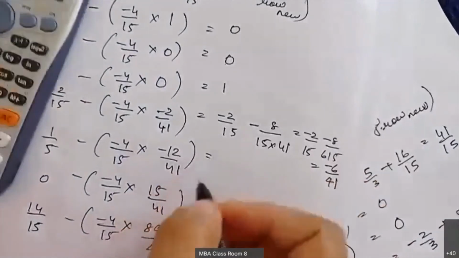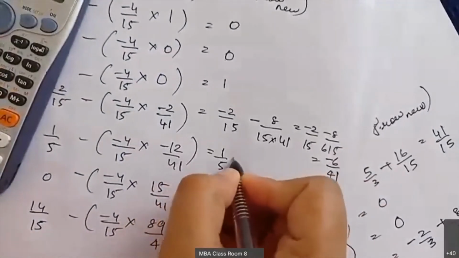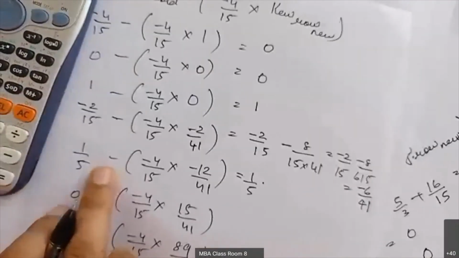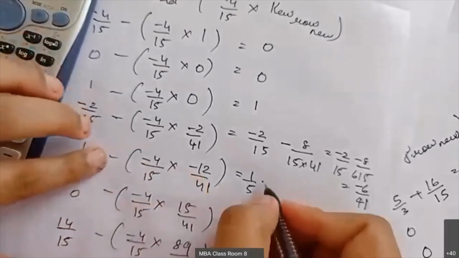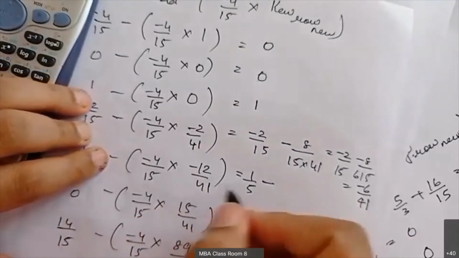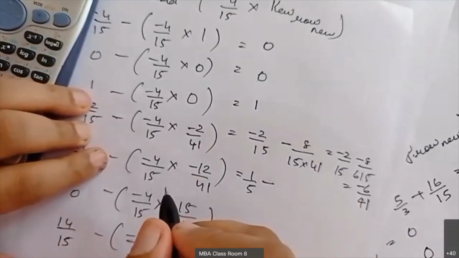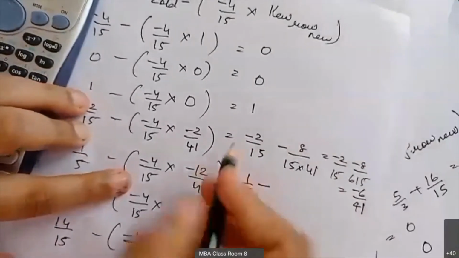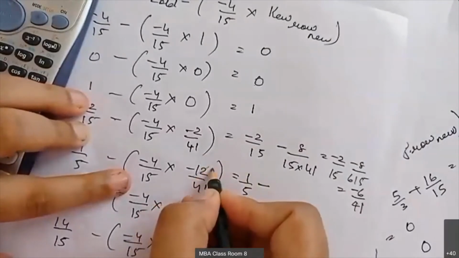Now again over here, 1 by 5. See here, minus into minus into minus. That will become minus. Can you cut anything there? Yeah, it will become 4 by 5.